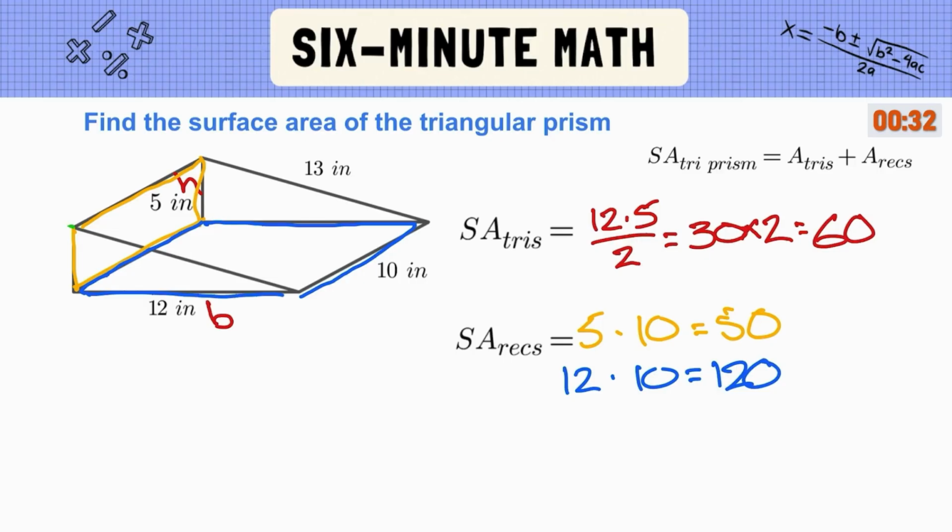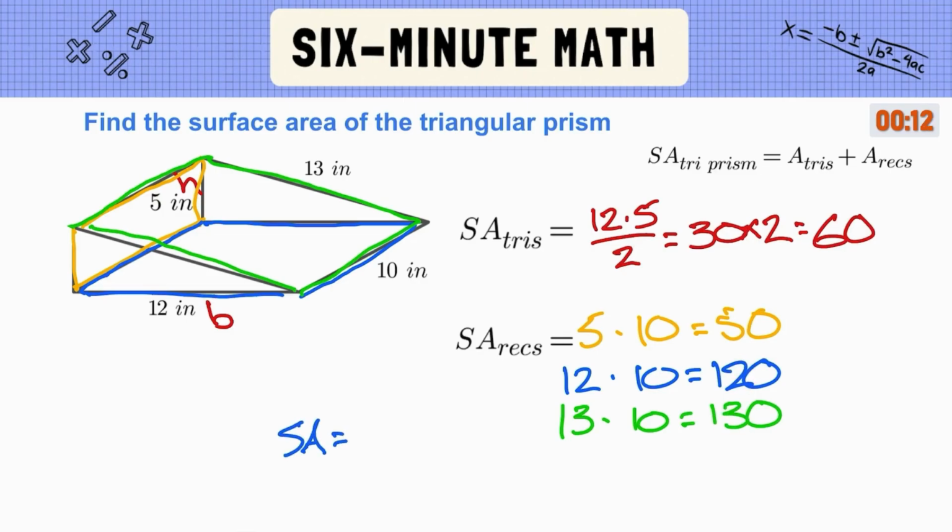And then we have the front side of this wedge here in green, which is going to be 13 and 10. 13 times 10 is 130. And then I add those up, 60, 50, 120, and 130, for a final surface area of 360 square inches.